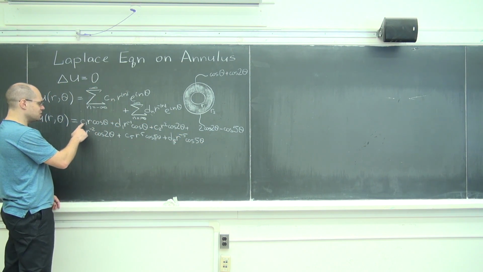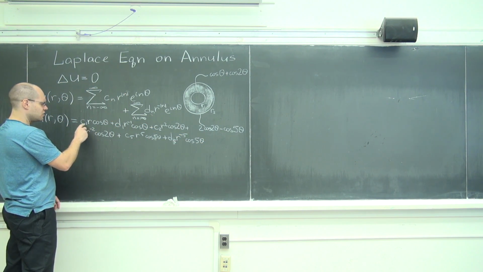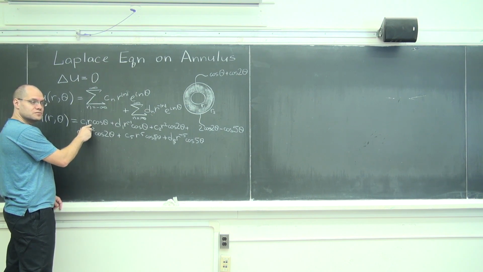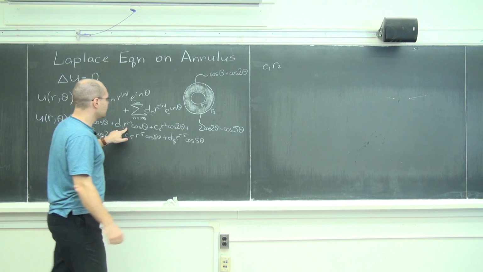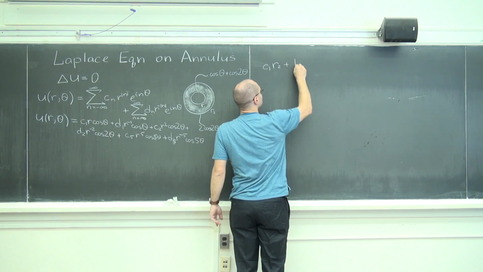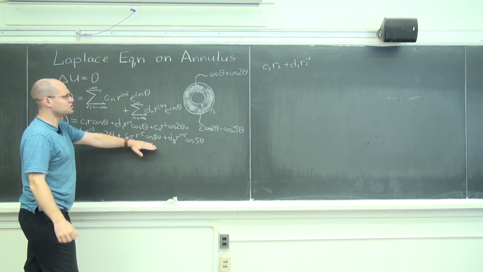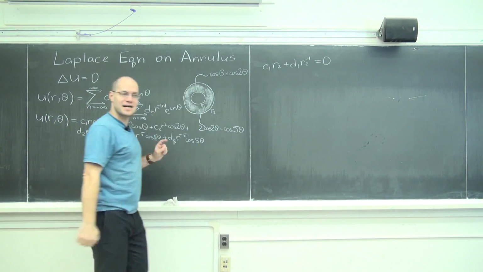So plugging in R2, we get C1 R2 plus D1 R2 to the minus 1. No more cosine theta. 0.